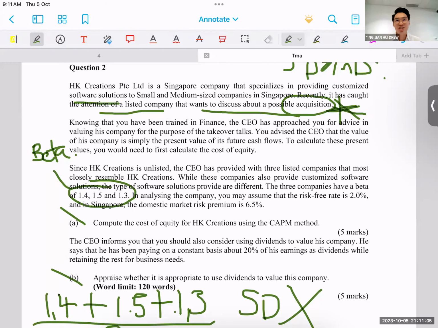You have the 100% acquisition, so you're getting the whole firm. So you must go back to the purpose of acquisition. Basically, for this answer, you need to say what the purpose of your valuation is, and then mention that because it's stable, it's 20%, etc., therefore it's not appropriate. Okay. Everyone clear about this? Acquisition.